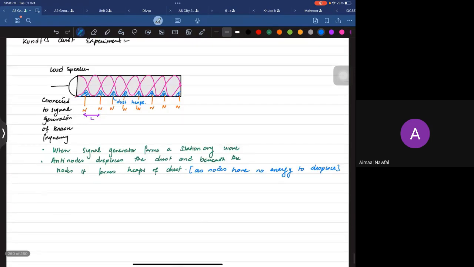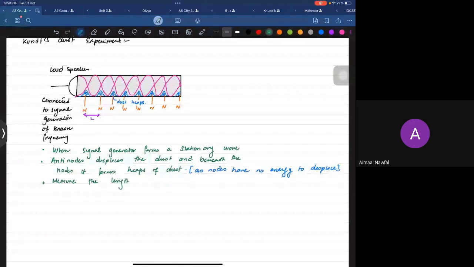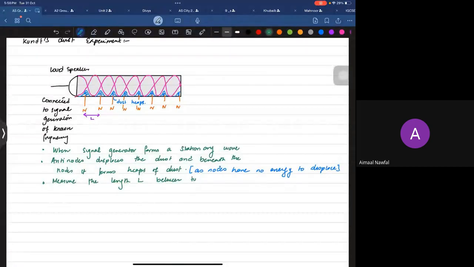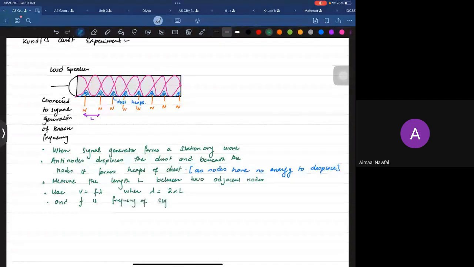Then you have to measure the length L between two adjacent nodes and use v equals f lambda, where lambda will be equal to 2 times L, as you know it's node to node, and f is the frequency of the signal generator, to find the speed of sound.